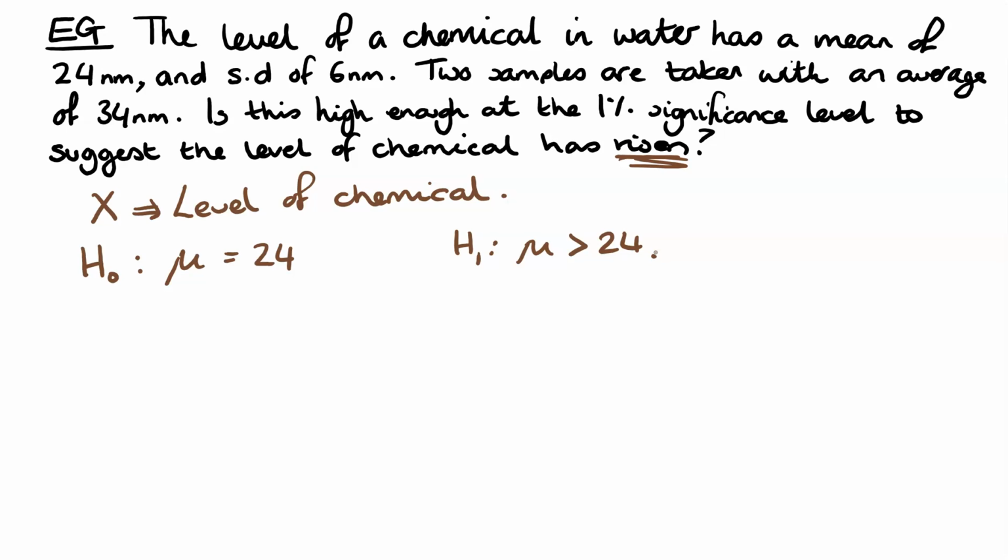So we have a test statistic of 34, and that was from two samples. So our distribution, X is distributed normally.